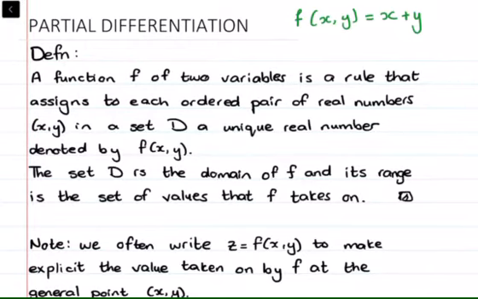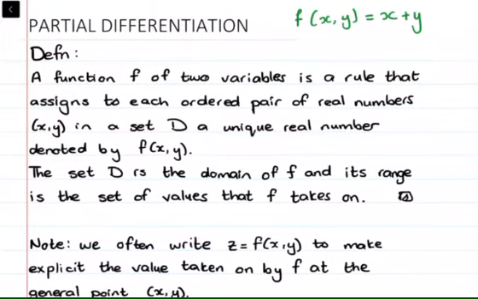So let us look at the definition. A function f of two variables is a rule that assigns each ordered pair of real numbers x, y in a set D to a unique real number denoted by f of x, y.